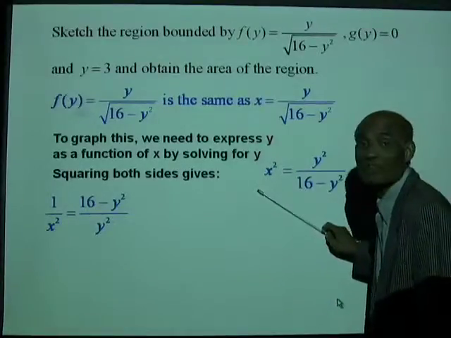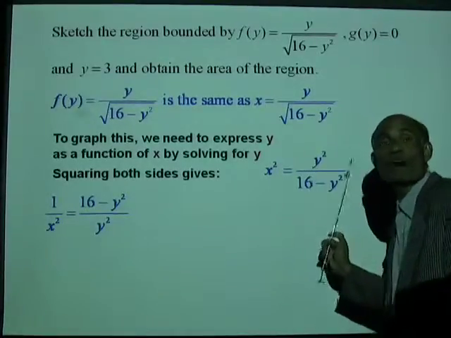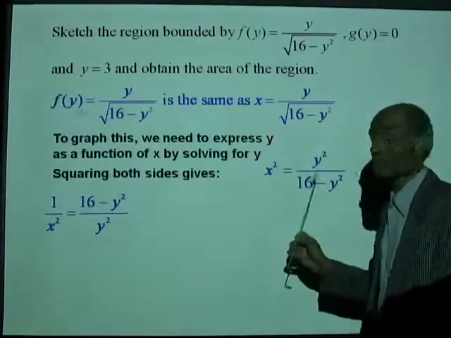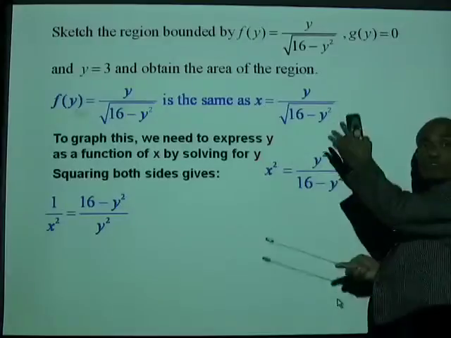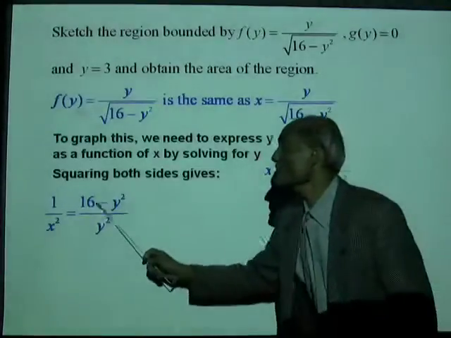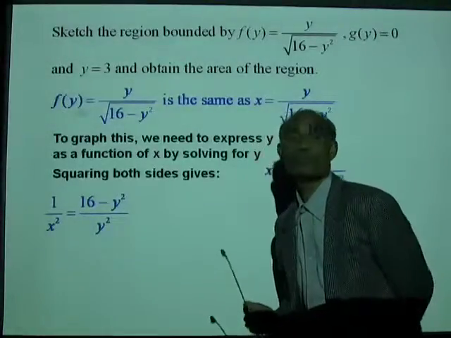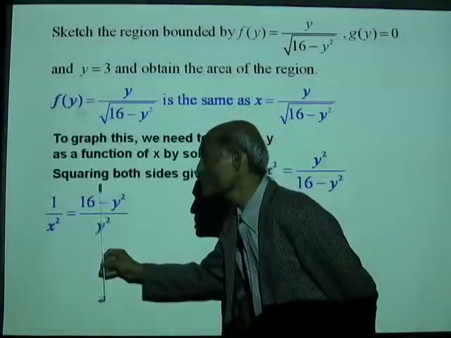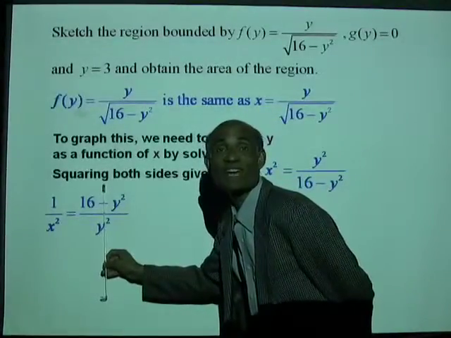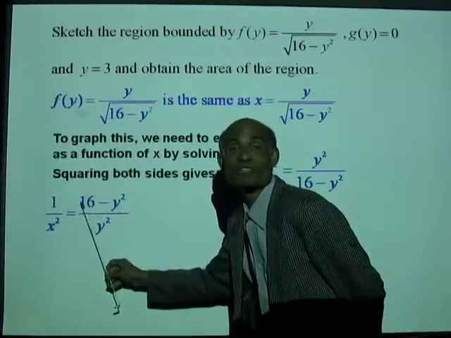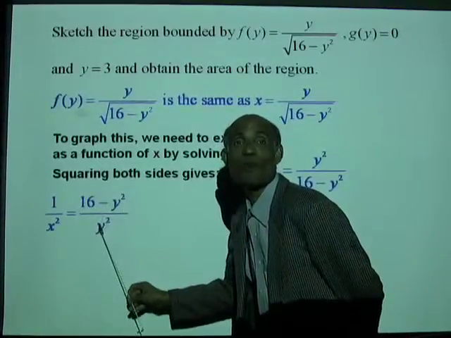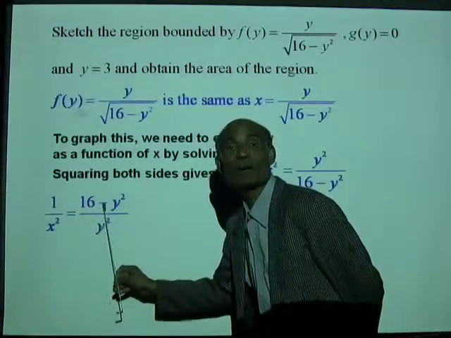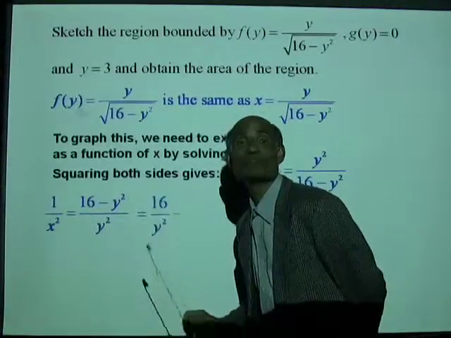1 over the left-hand side equal to 1 over the right-hand side. 1 over x squared equal to 1 over the right-hand side means simply flip them over. 16 minus y squared over y squared. What is the advantage? The advantage is I can now split the right-hand side into two parts. 16 minus y squared over y squared is the same as 16 over y squared minus y squared over y squared.